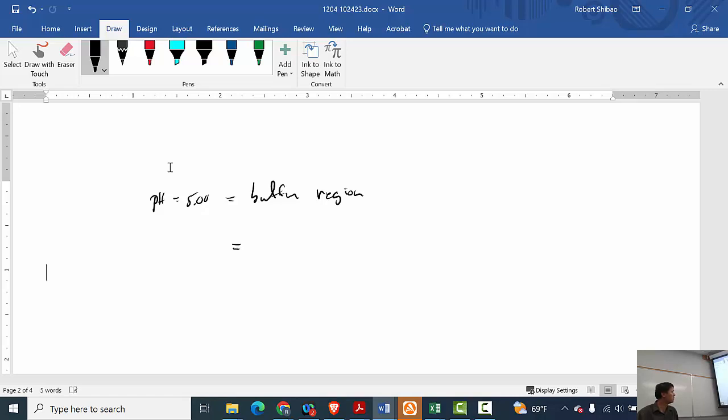Since it's in the buffer region, we're just going to use the Henderson-Hasselbalch equation. So the pH equals the pKa, 4.74, plus the log of the base to acid ratio. I'll just call it B over A, base to acid ratio.